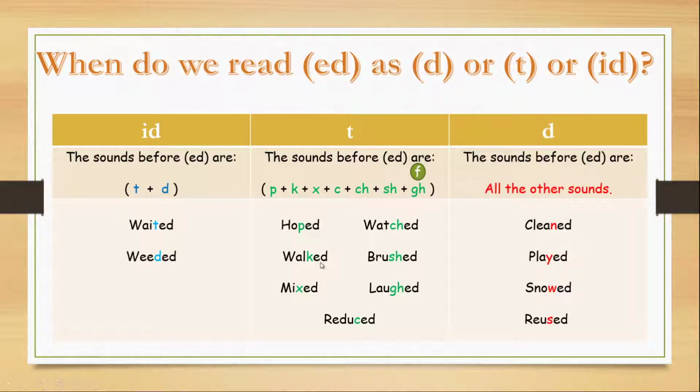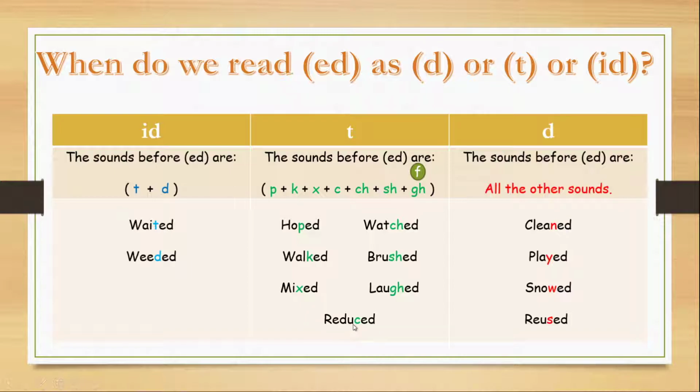Let's see. Walked. Before the ED, we have K, and K is here. So walked. Before the ED on this word, we have X, and X is among the letters we have here. So it's mixed. Let's see this one. Reduced.